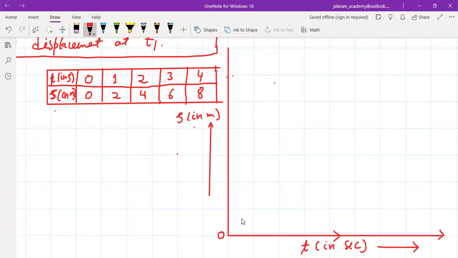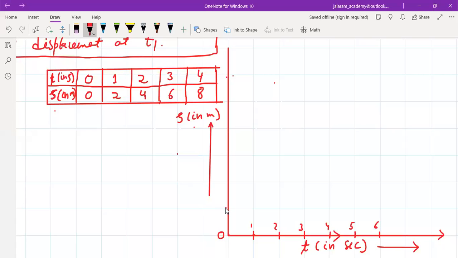Mark all these points. At time 0, displacement is 0. First, mark the points 1, 2, 3, 4, 5, 6.